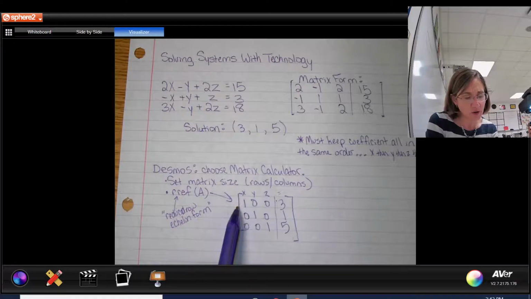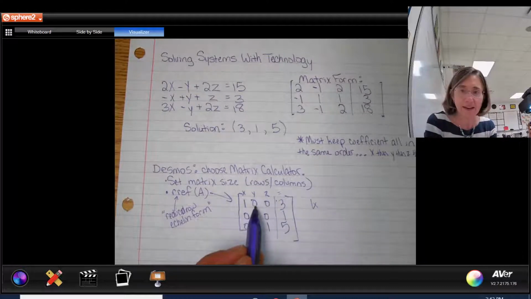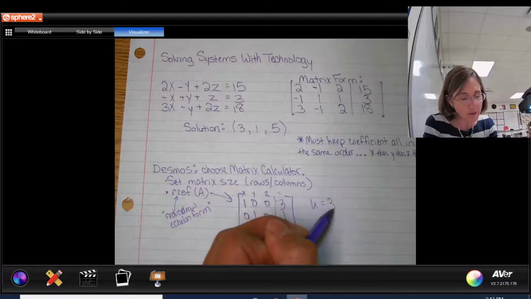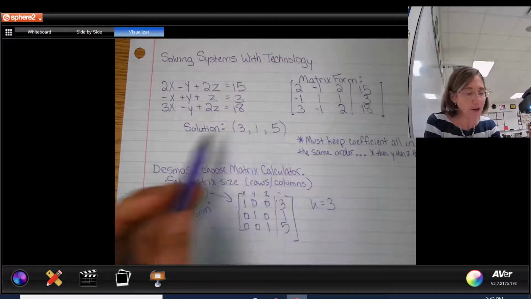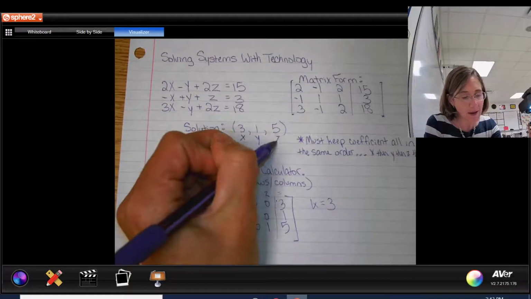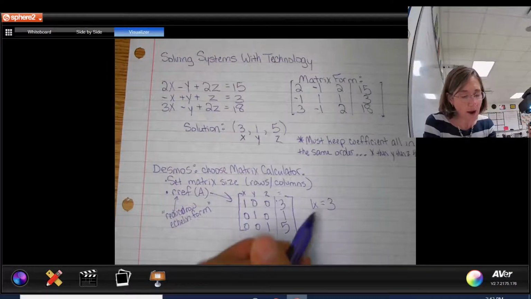So if I look at this first row, it's saying that I have 1x, I don't have any y's, I don't have any z's, and that equals 3. Well, that's exactly what we knew, because ordered pairs, remember, also go x and then y and then z. If you look at this second line, it says we don't have any x's, because 0 is in my x's column. I do have one y, so 1y.